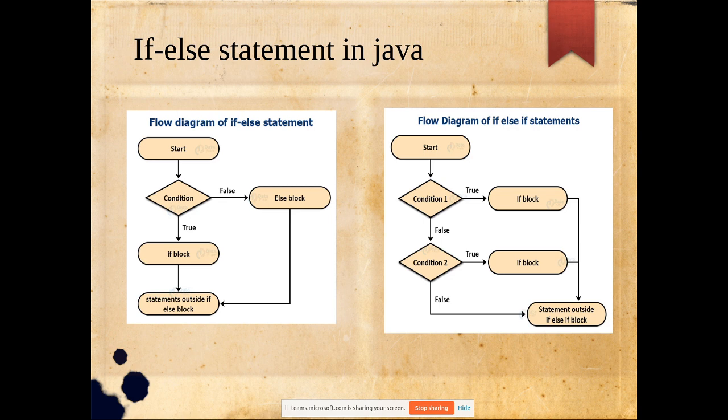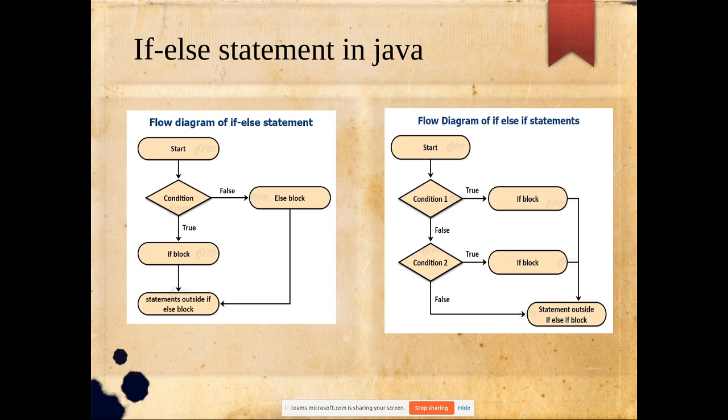Let us decide how to start. I will start from the cafeteria. I will go to the condition statement. What is the condition statement? Whether this is rainy weather or not. If it is true, it will go to the if block, so I will write System.out.println I will take hot coffee or tea.